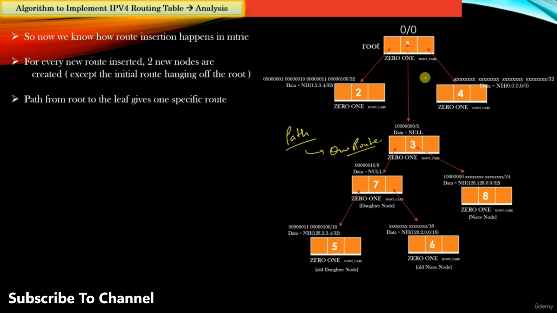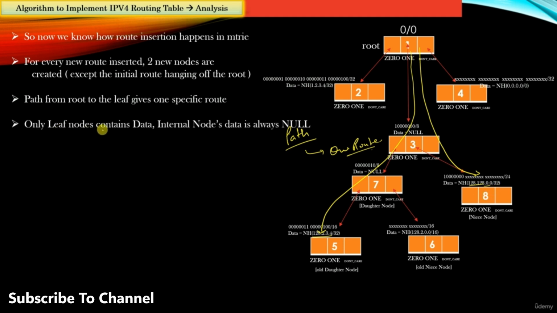For example, if you follow this path, then you will encounter the route 128.2.3.4/32. If you follow this path, you will encounter the route in the leaf, which is 128.128.0.0/32, and so on. Only leaf nodes contain data.